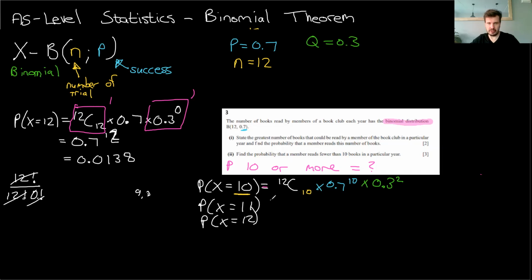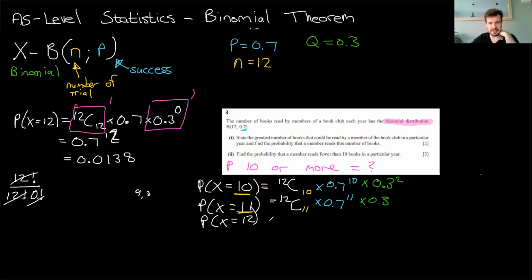Now hopefully in your heads you're predicting. I'm going to say 12 choose 11. There's 11 successes, I'm reading 11 books. So 0.7 to the 11. My probability of reading 1 book is 0.7, so the probability of reading 11 books is 0.7 to the 11, times the 1 book that I don't read, which is 0.3, the probability that I didn't read that book.